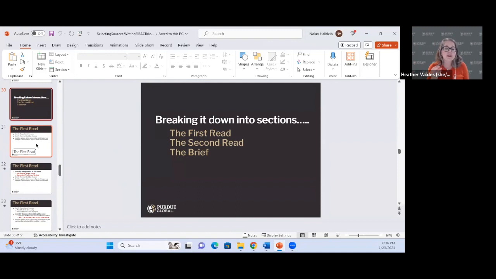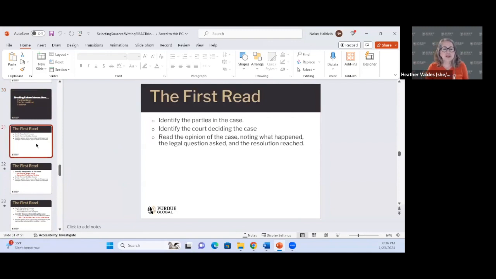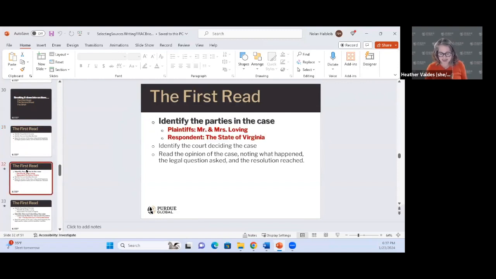I break it down into three reads. Okay, we can move to our first read. In the first read, we're going to identify the parties, identify the court, and then move through the opinion. Next slide. So we'll start with the parties here. The parties in this case are Mr. and Mrs. Loving.